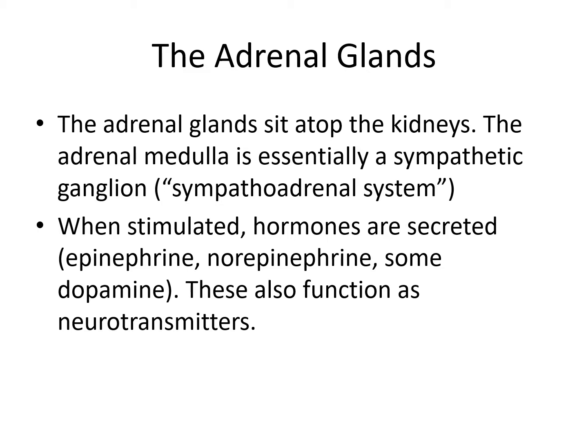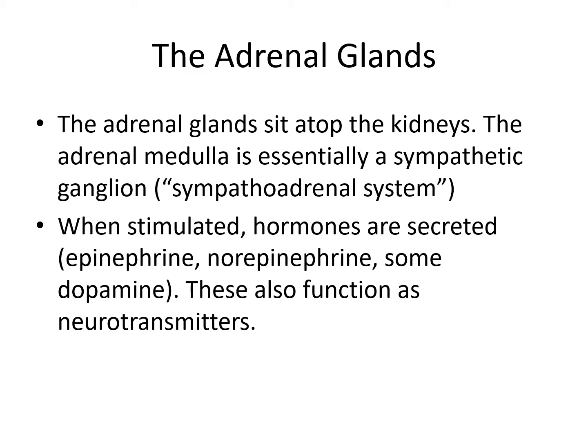So the adrenal glands sit atop the kidneys, and the adrenal cortex is embryonically different than the adrenal medulla. So when we study the endocrine system in ANP2, we'll be looking at this a little bit more. But the adrenal cortex, the functional outer layer of the adrenal glands, are going to secrete steroid hormones. And then the adrenal medulla is essentially a sympathetic ganglion.